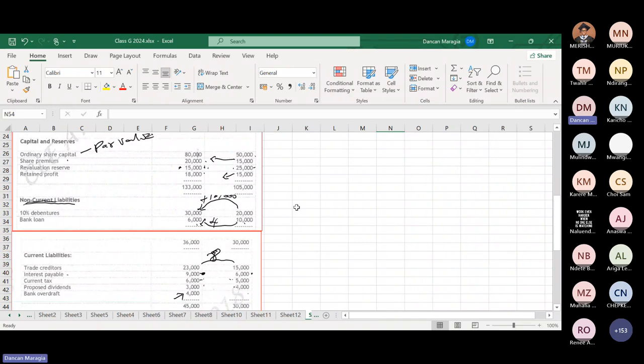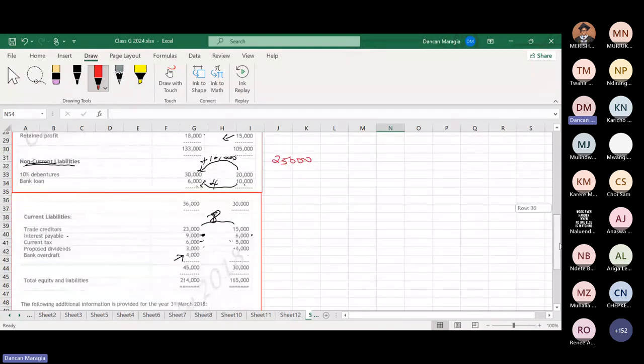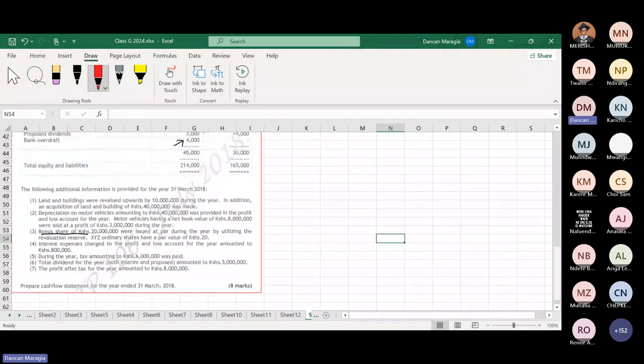Good. So let's work together. Last year we had revaluation of 25 million. But you have been told during the year land and building were revalued upwards by how much? 10 million.